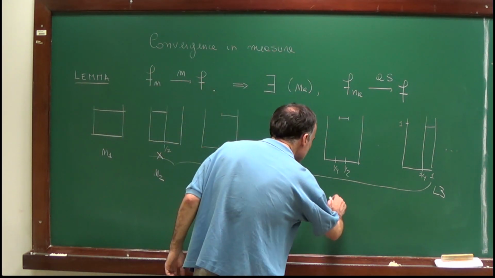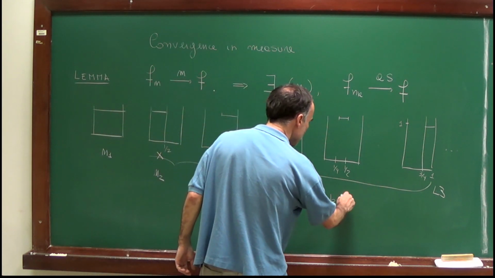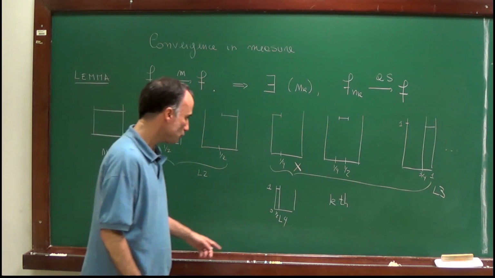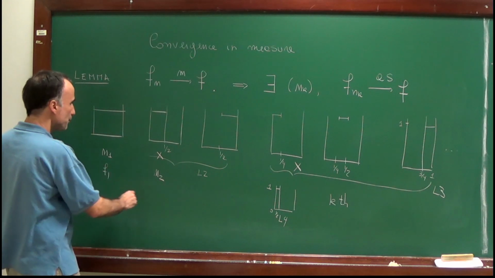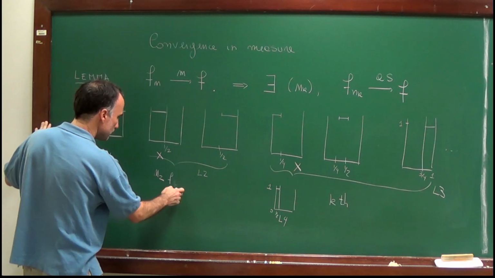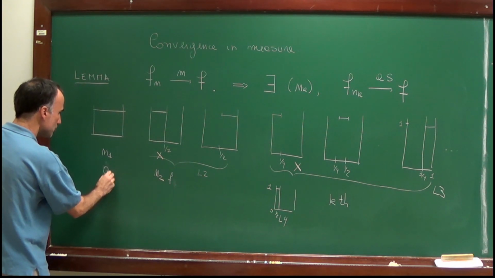So the kth function of my subsequence will be, so let me just say, this is the function 1, this is a function 2. Let me call G the subsequence which I'm constructing.